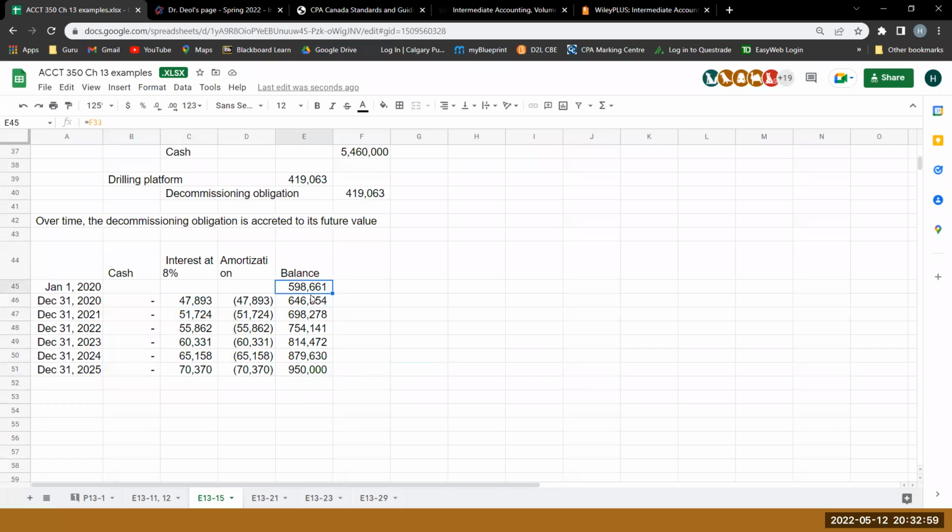Now, because this company said 70% of the decommissioning cost belongs to the asset and the rest is due to the use, if you calculate 70% at the beginning, you got the liability of 419,063. You calculate 70% through and through, you get those numbers. And if you look at the change that happened in the first year, the first year's change was 33,525.